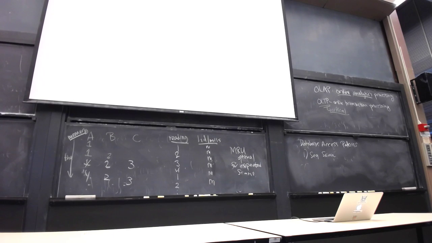So if you think about a sequential scan, like a nested loops join, and you think about whether a heap file is on the inner or the outer of a nested loops join, what do we know about the type of sequential scan that we're doing if a file is on the outer of a nested loops join?